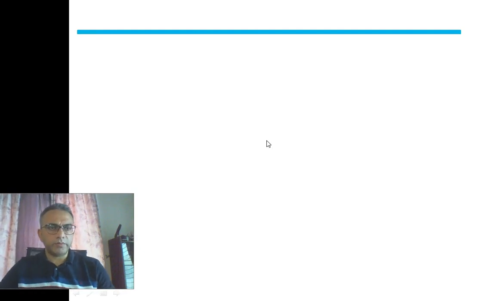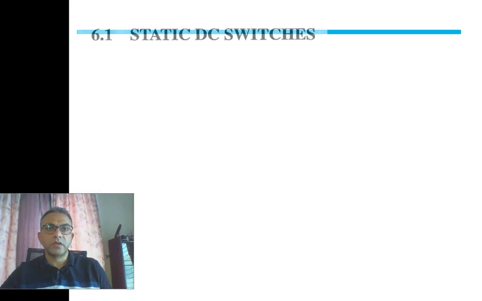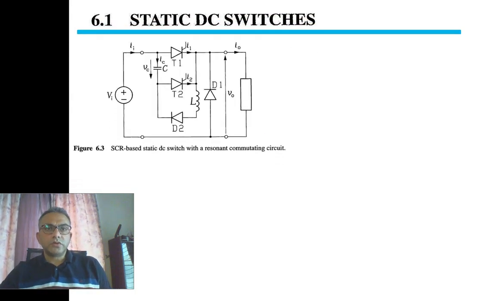Right, so now in the following slide, we will discuss the turn off procedure of the thyristor in the SCR based static DC switch. This is our main circuit.